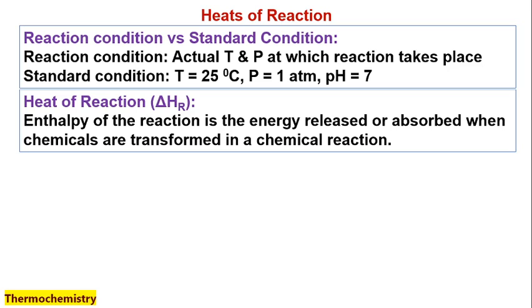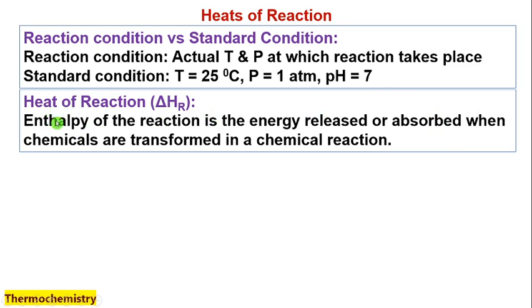Let's see the heats of reaction. Heat of reaction is nothing but the enthalpy of the reaction, or the energy that is released or absorbed when a chemical is transformed in a chemical reaction. So when the chemical is consumed and the product is produced, some amount of heat is either released or absorbed. That amount of energy is called the enthalpy of the reaction. It's also known as heat of reaction.